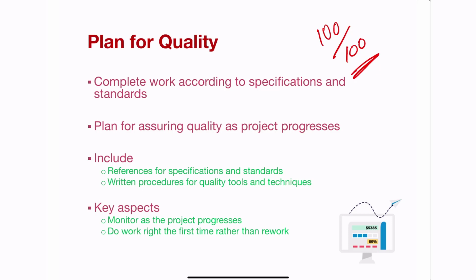In simple terms, you have met the specifications and standards that you've agreed to, and you have put together a list of quality tools and techniques that you're going to use to measure yourself and ensure that you continuously meet that quality standard. So again, quality not in the sense of a product looking good, or a premium product, but quality simply means that you've met the objectives 100% of the time.